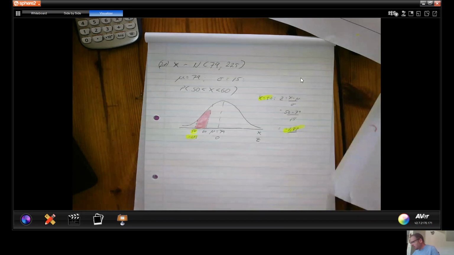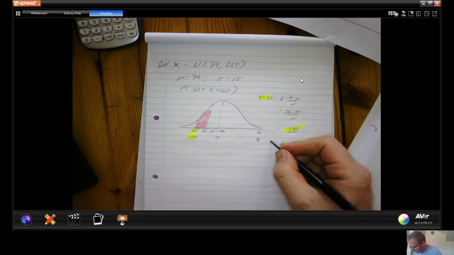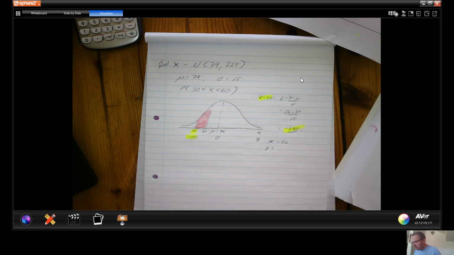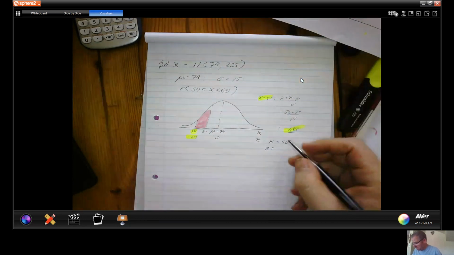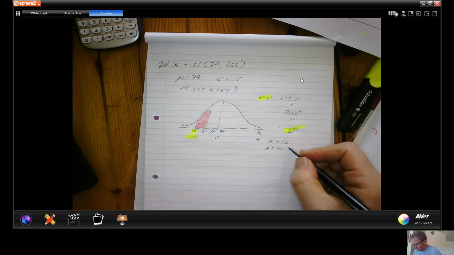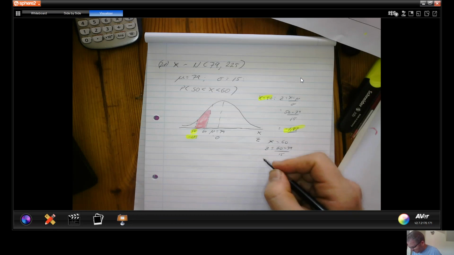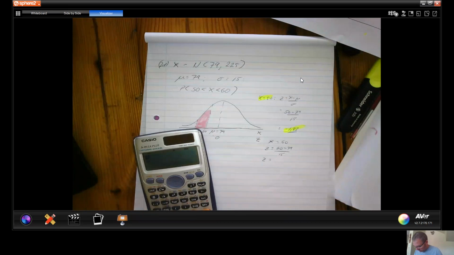Now we've got to figure out the Z score that goes with 60. So when X is equal to 60, Z is going to be what, Morgan? Well, sir, it's going to be an X score, which is 60, minus 79 over 15. 60 minus 79 over 15.